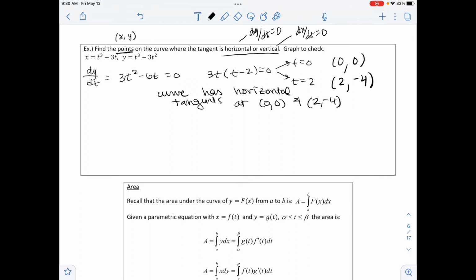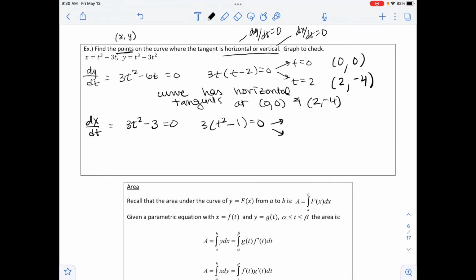So now in order to find the vertical tangents, same idea, except it's dx/dt. And taking the derivative of x, we get 3t squared minus 3, setting this equal to 0, and factoring out a 3, we have 3 times t squared minus 1.